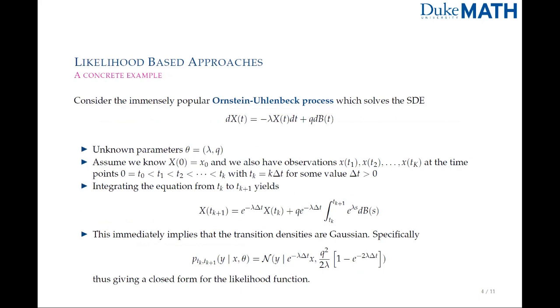And then suppose we integrate the equation from tk to tk+1, it yields this thing, which is just the solution of the equation. Now this immediately implies that the transition densities are Gaussian. Specifically, it is this Gaussian here.